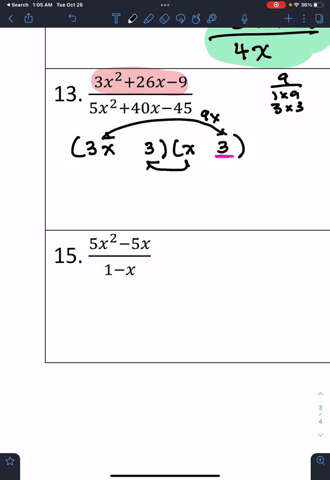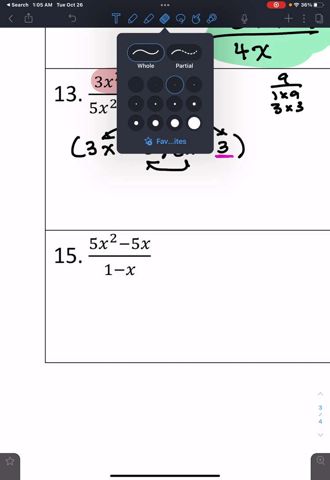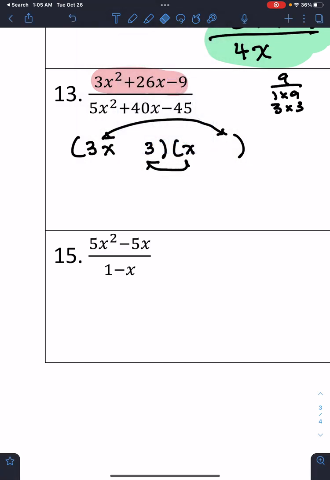So I'm going to go back and I'm actually going to put a 9. Let me make this smaller. Sorry. Let's go ahead and put a 9 here. Because if I put a 9 here, then I'm going to get 27. And then that means this needs to be a 1.